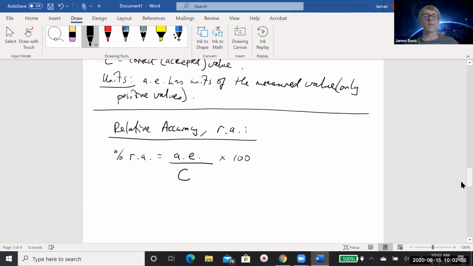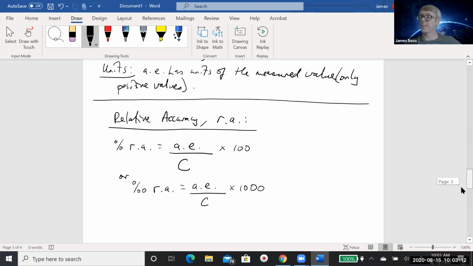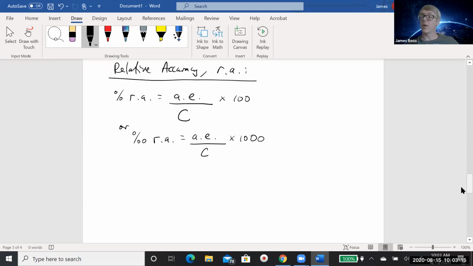Or we could have the parts per thousand relative accuracy, which is the absolute error over the true accepted value times 1,000. And relative accuracy has no units.